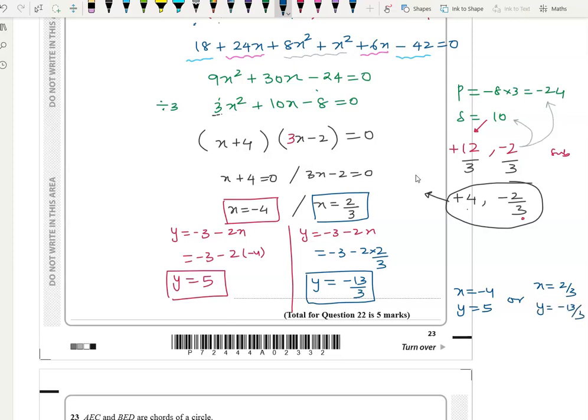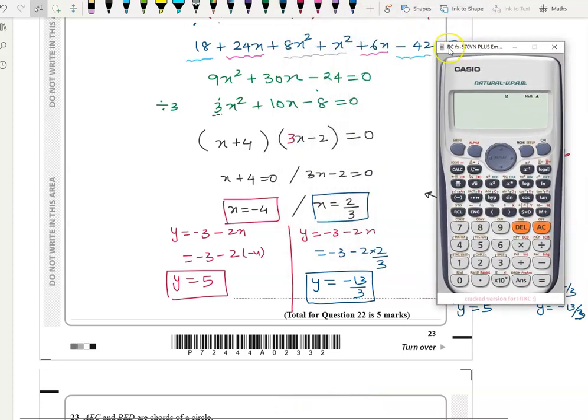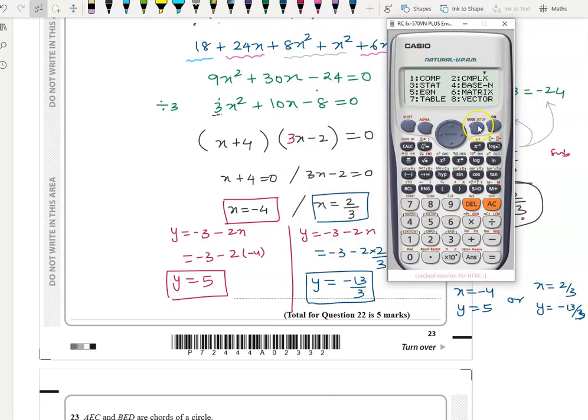Now this factorizing part, how to find the factors, we can do in the calculator. So go to your calculator and go to mode 5 3. Okay, and substitute the values of a, b and c. So here the value of a is 3, b is 10, and c is minus 8.